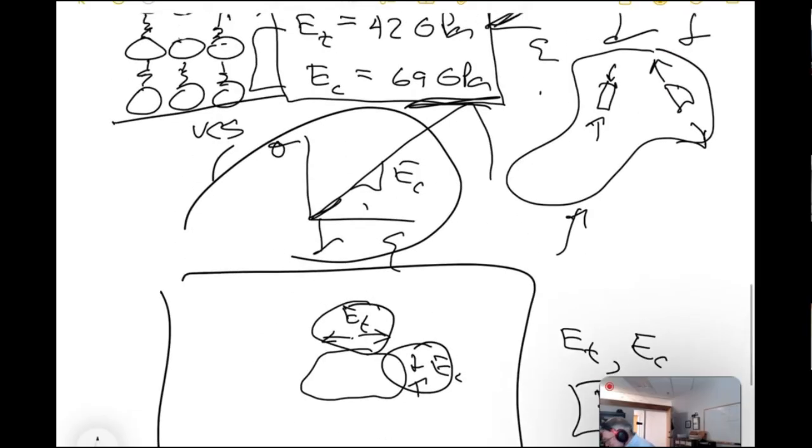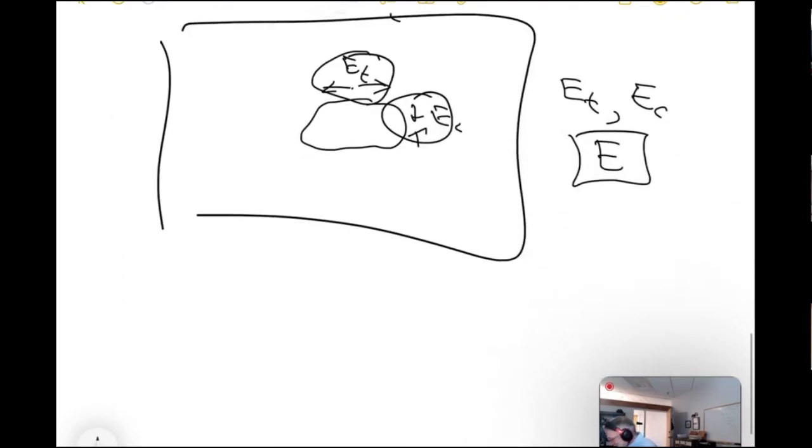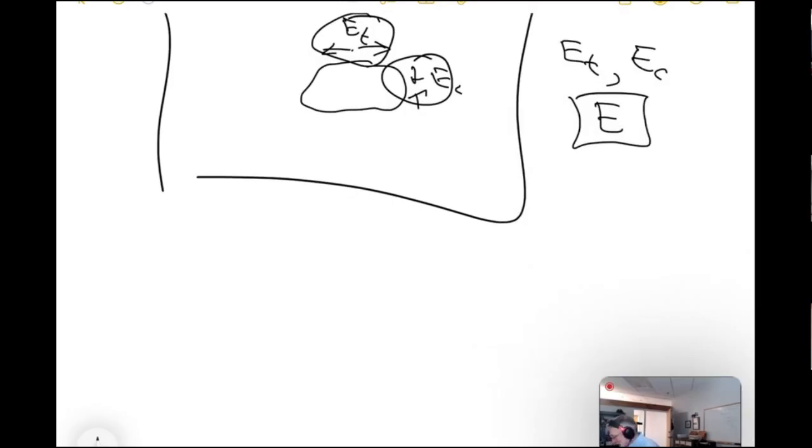And we can match both because if we put in initial gaps, the model will naturally have a lower tensile modulus than a compressive modulus, because it'll be the same microstructural physics and it will be an emergent property that the tensile modulus will be lower than the compressive modulus. Okay.